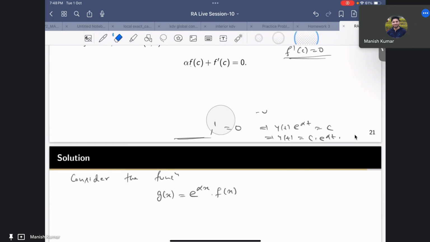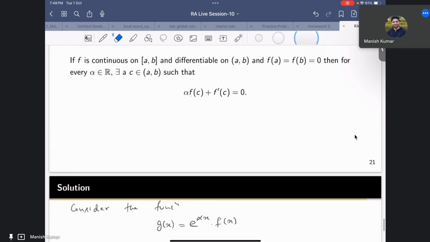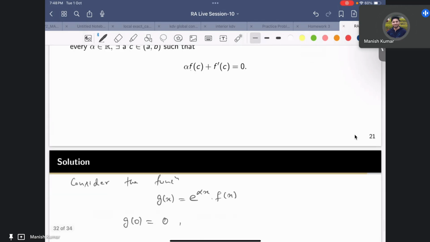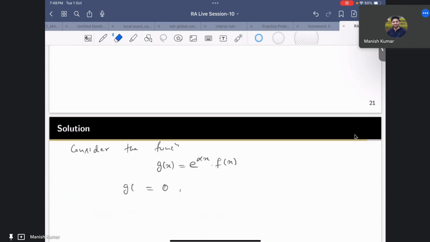We consider this function. Now you see g(a) is 0 because f(a) is 0, and g(b) is again 0 because f(b) is 0. Correct? So we have got this.